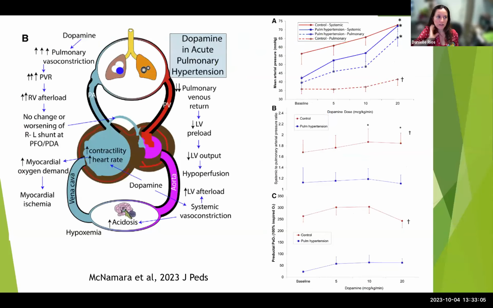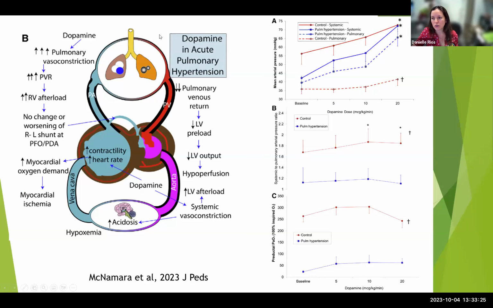So the paper that I sent out to you guys to go over, you'll recognize this figure, both figures. So in pulmonary hypertension, dopamine intensifies the negative effects of the increased pulmonary pressures by further augmenting those things.